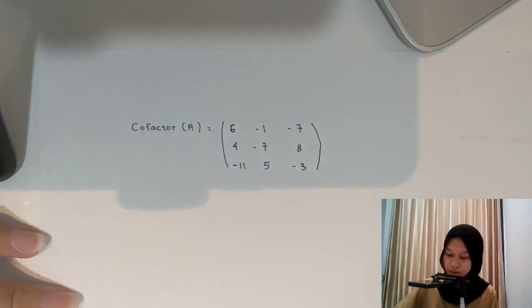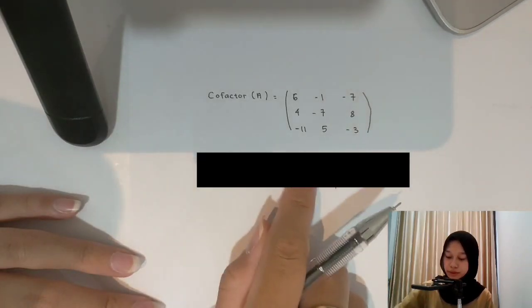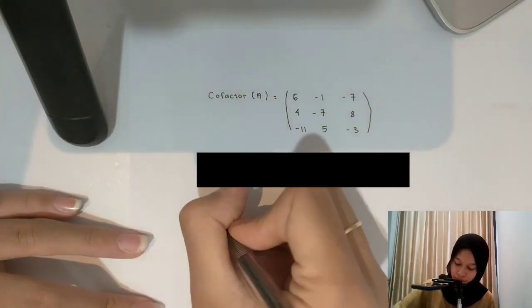So this is the cofactor. So from this, we can find the adjoint.